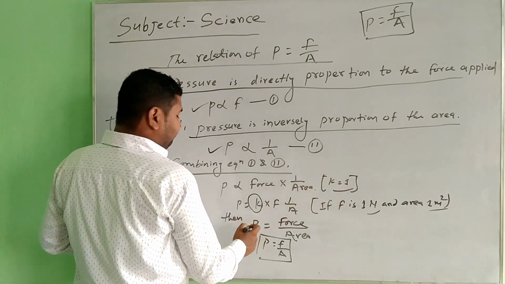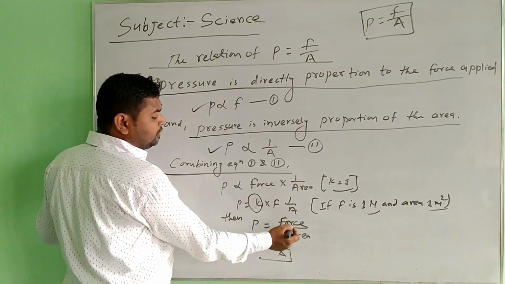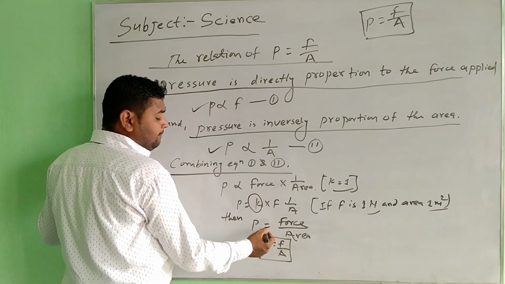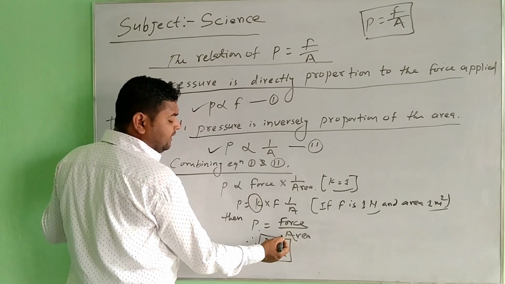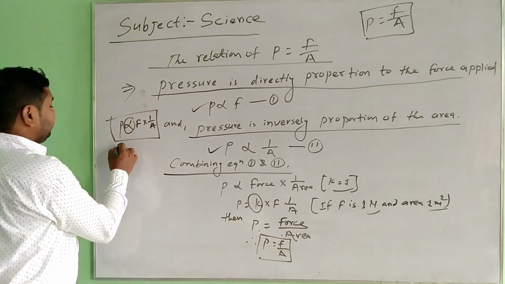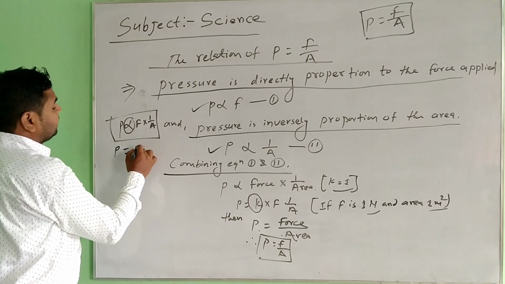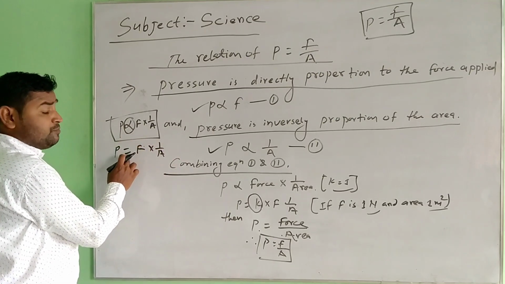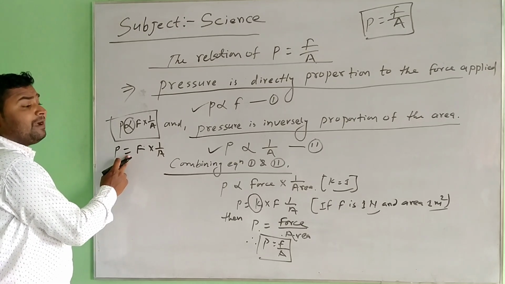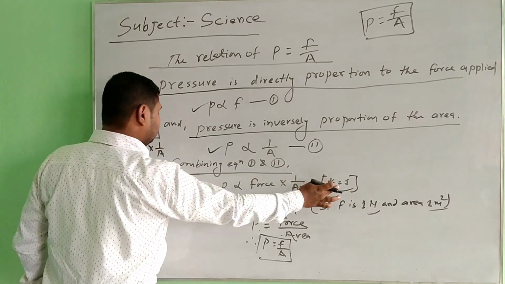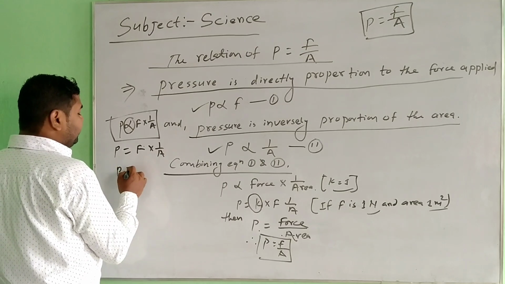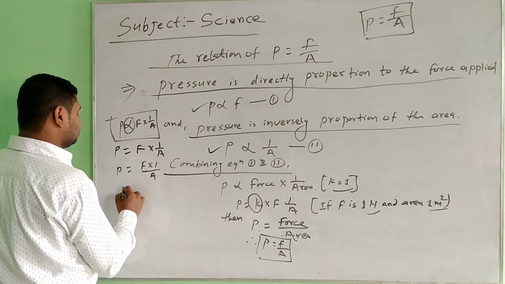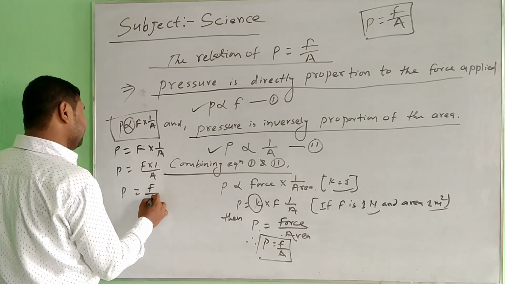So now P is equal to F into 1 by A, that is P is equal to F by A, where the proportion is removed by keeping the constant value 1.